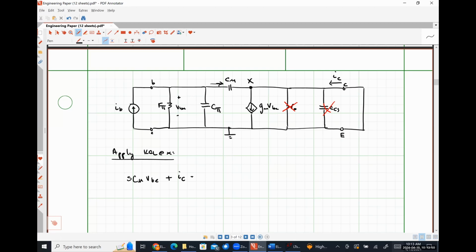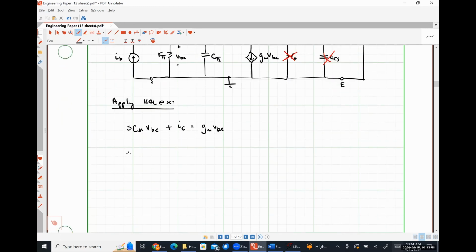Plus IC is equal to GM VBE. And so this could be rearranged to find that IC is GM minus S C mu times VBE. Okay.